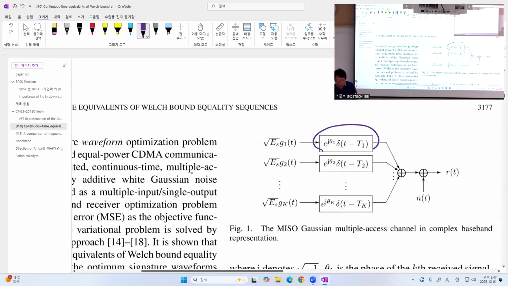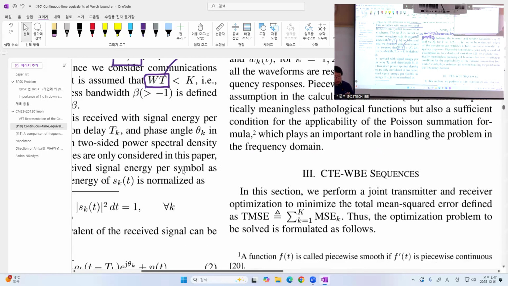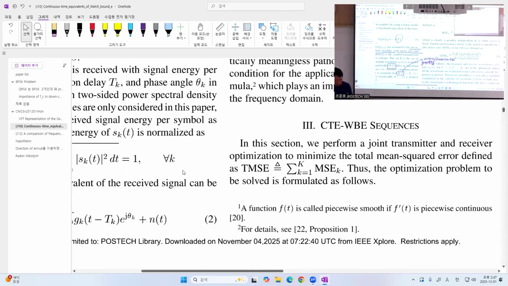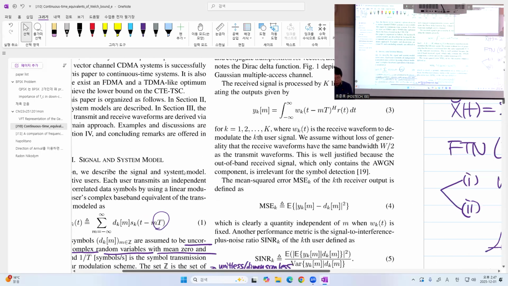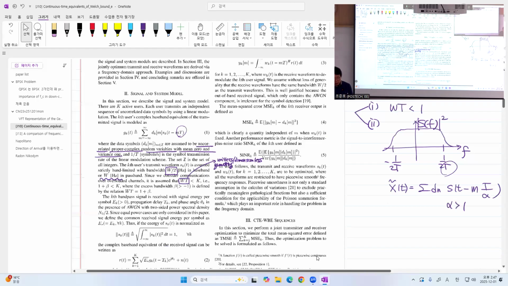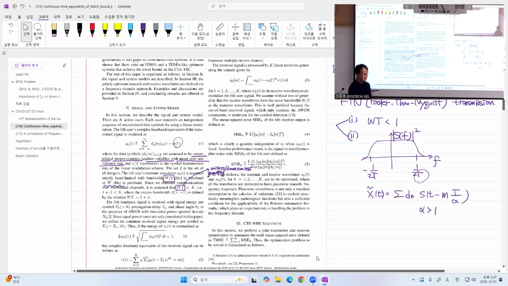So we have a flat channel in complex baseband. It could have delay, but it doesn't matter. It could have some phase rotation. It doesn't matter. Anyway, the channel is frequency flat. For simplicity, you may say that these are all ones, and the thetas are all zeros. It doesn't matter. And what was the interesting result of Dr. Yehun Yoon's paper about this case for faster than Nyquist transmission?